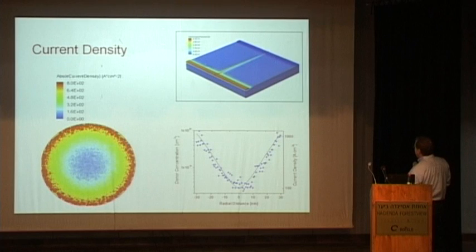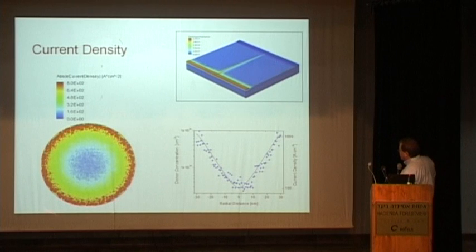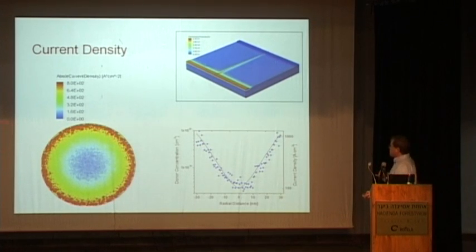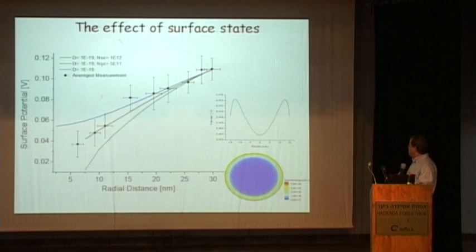And if we calculate the current between source and drain of such a device, this is a cross-section of the current density. You see that the current flows mainly in the outer part of the wire, and this is understandable due to this huge dopant gradient. So this is a simulation of the current for a certain source-drain bias.